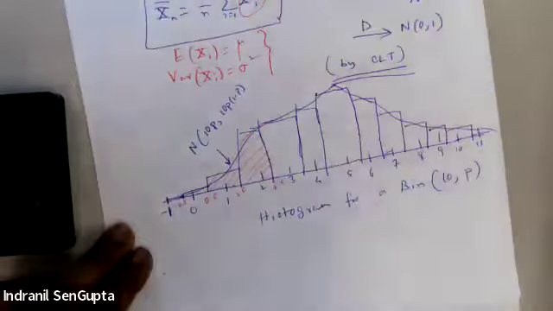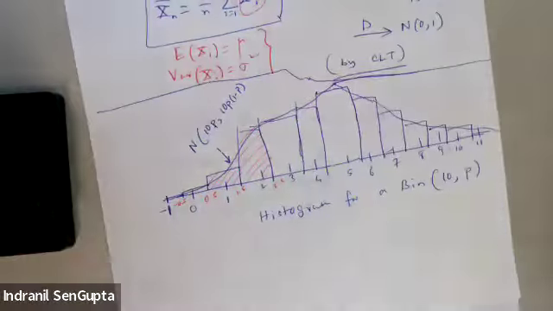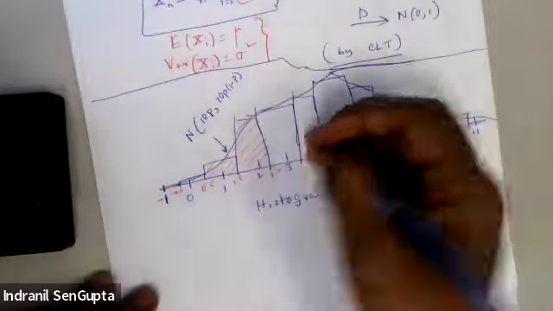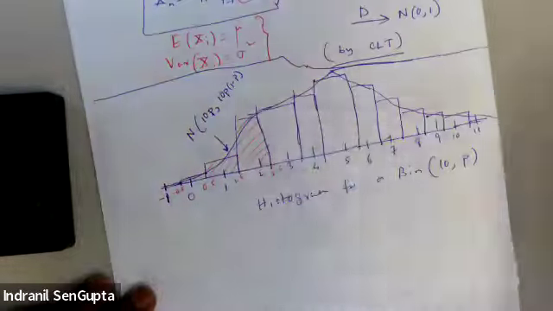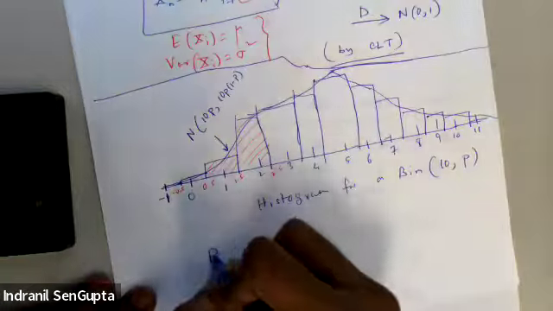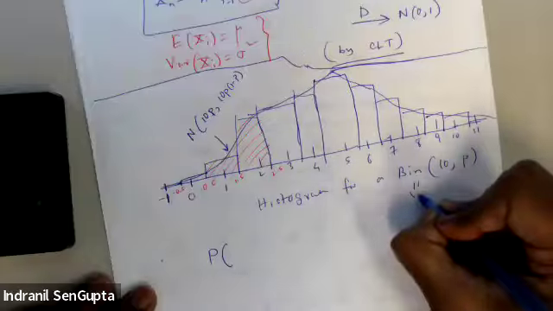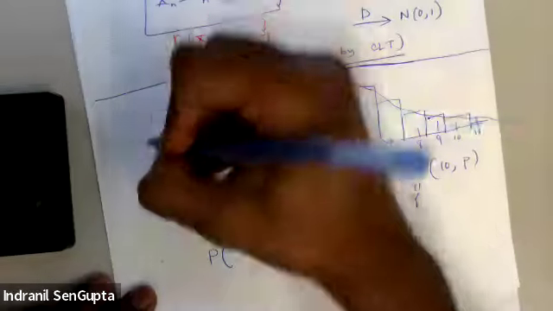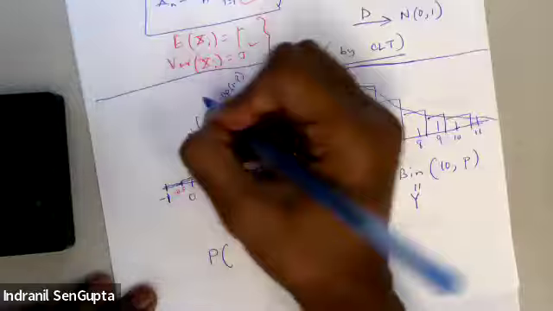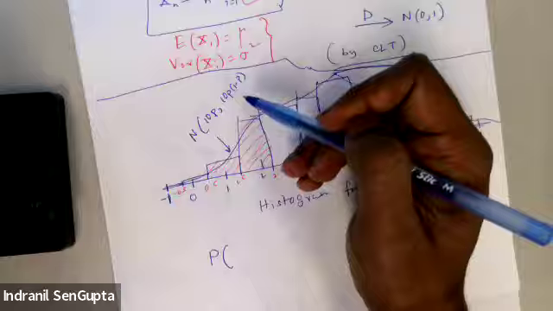Okay. So suppose I want to compute the probability of the binomial. This is my y, and this is my approximating version, when I approximate that with a normal.